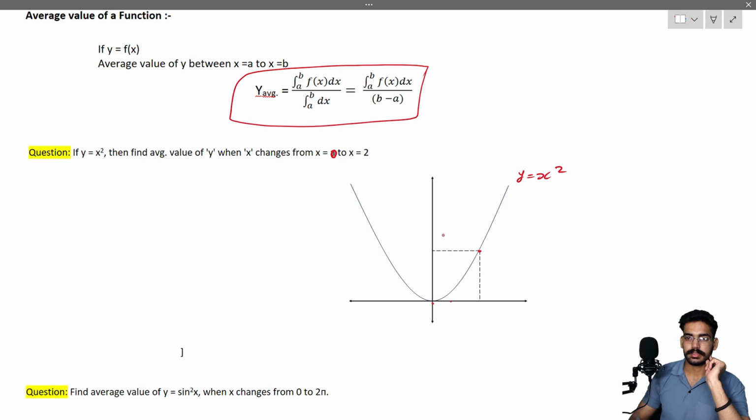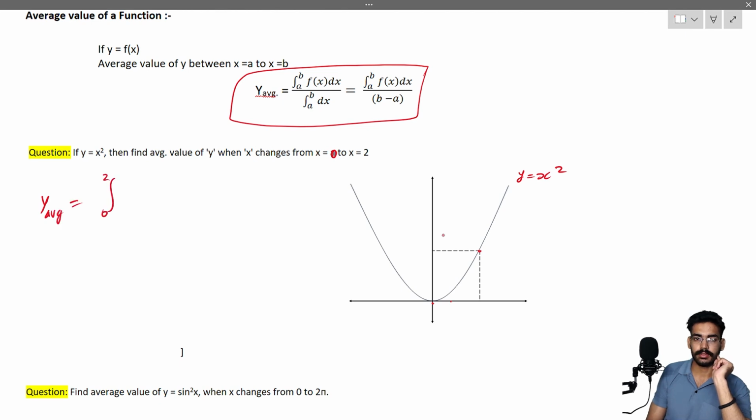So how will you calculate the average value now? We wrote the formula. Y average: the sum of all the y values, that is the integral from 0 to 2 of y dx, divided by the number of values, which is the integral from 0 to 2 of dx.